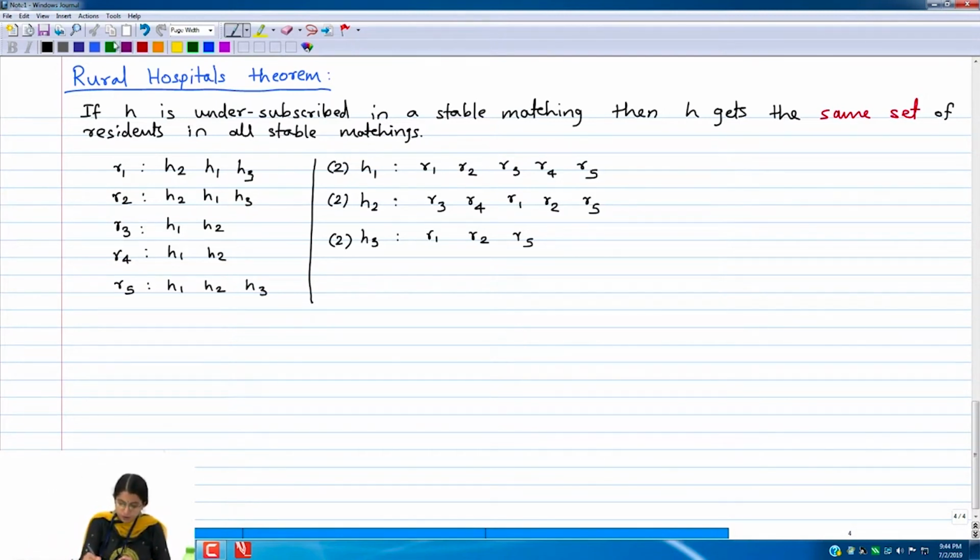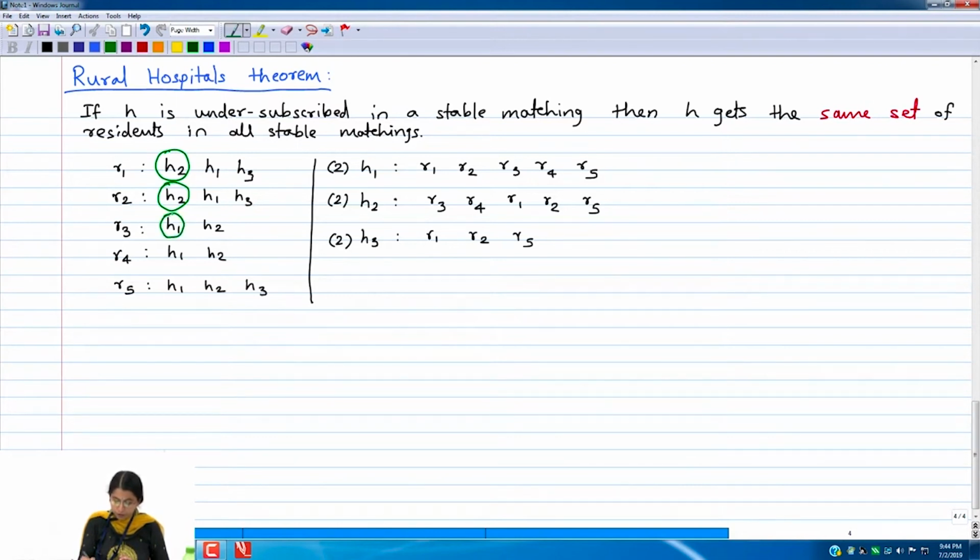So R1 to H2, R2 to H2. This is what the resident proposing algorithm will give, because R1 and R2 will propose to H2 and H2 can accept both of them. So they can both get matched to H2.